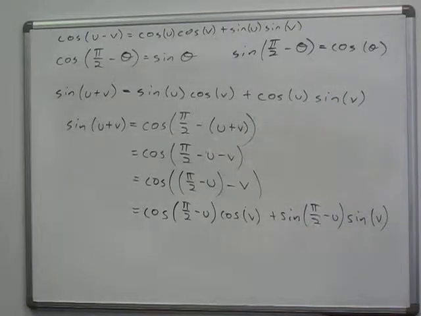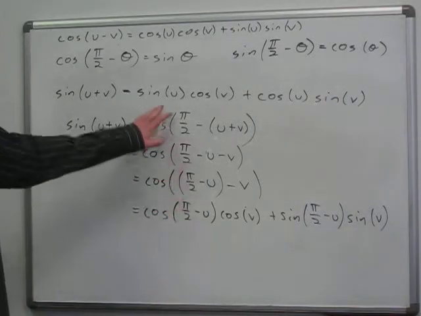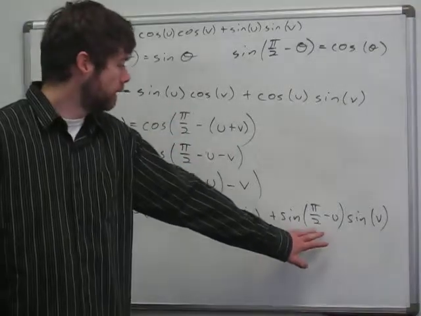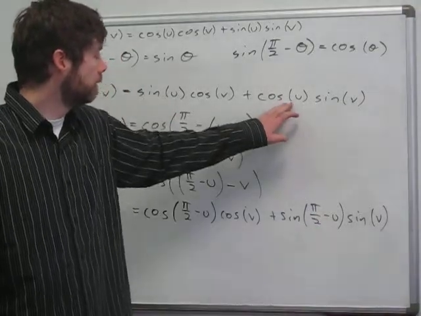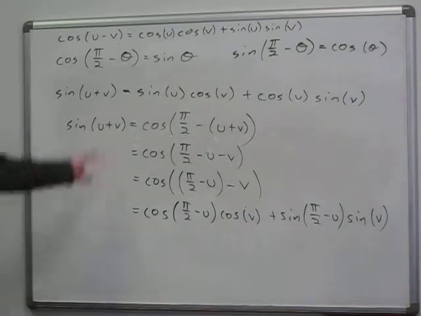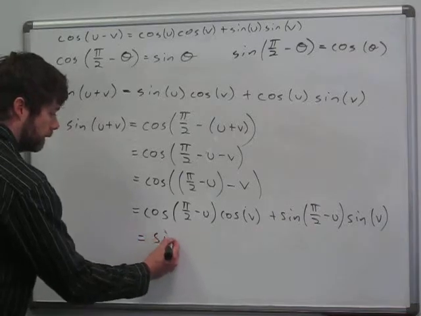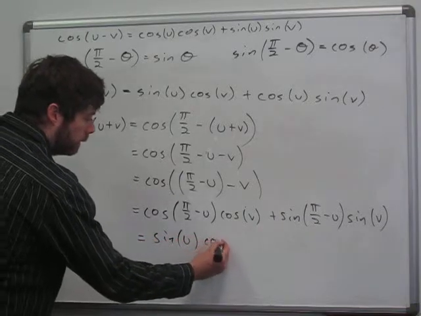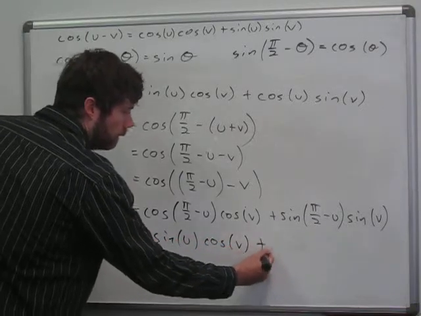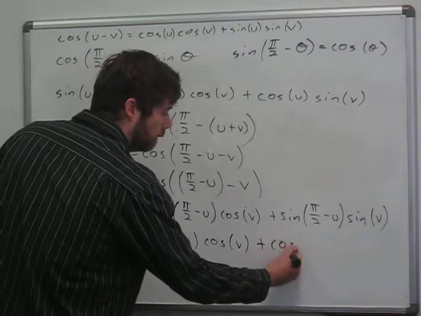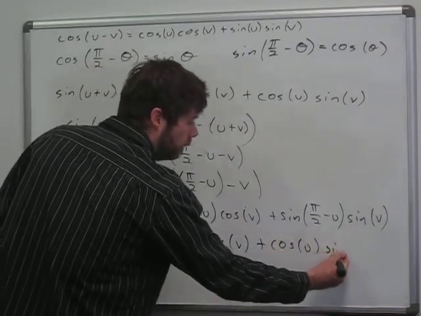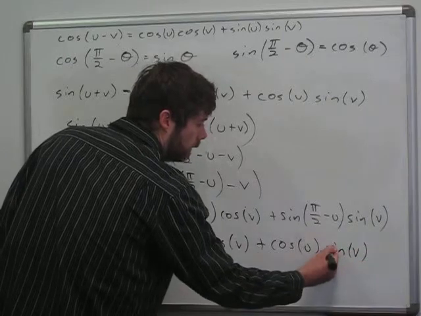And now I'm almost home. I just want to change this into the sine and change this expression into the cosine. And I can do that because of the cofunction identities that we have up top. So this is sine of u cosine v plus cosine of u times the sine of v.